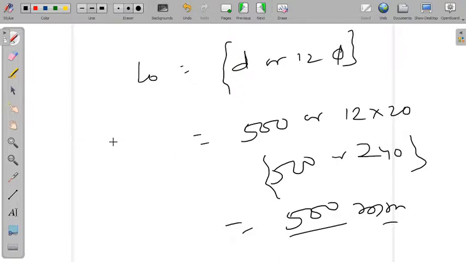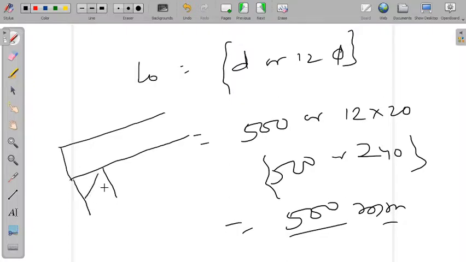L0 means that from the center, beyond the center, we have to extend. Suppose this was the beam, and on that beam there is a support on the column, and that support is 300 mm. This is the actual column member, with the actual reinforcement we have provided.